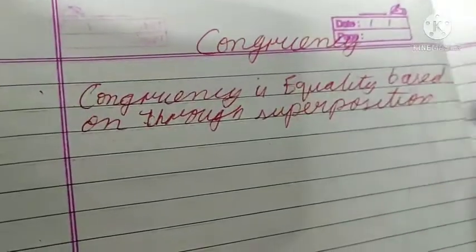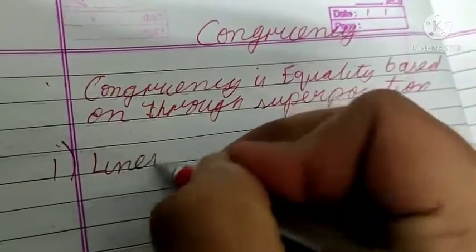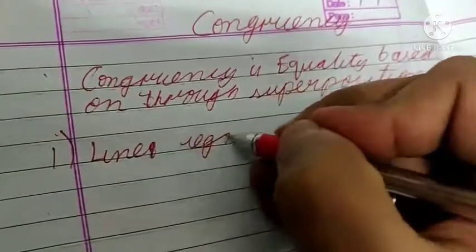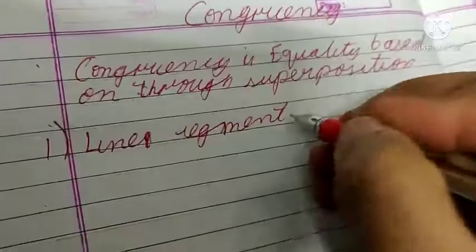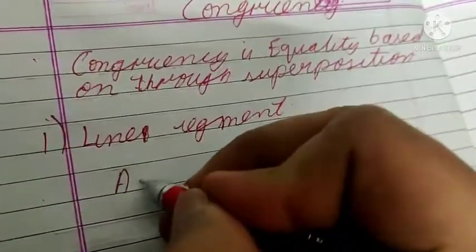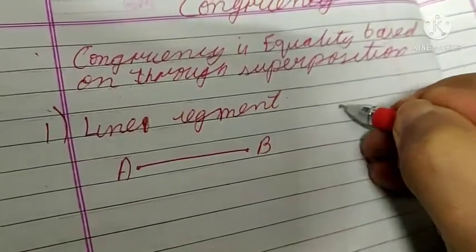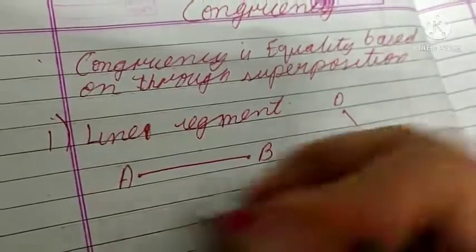Okay, if I talk of two line segments to be congruent, it means two line segments are equal. This is a line AB, this is a line CD.